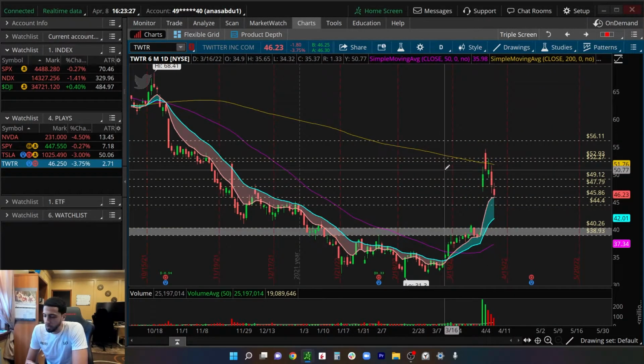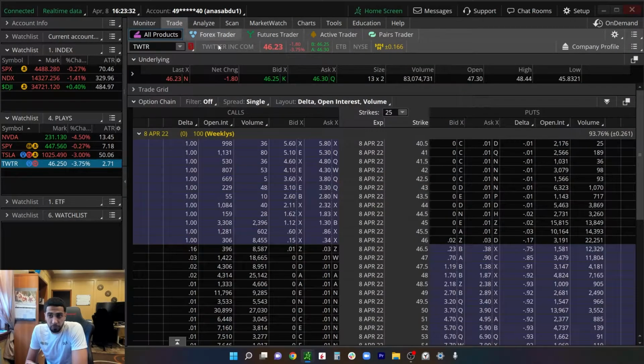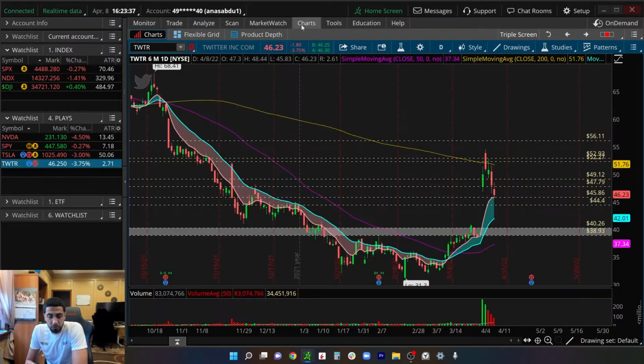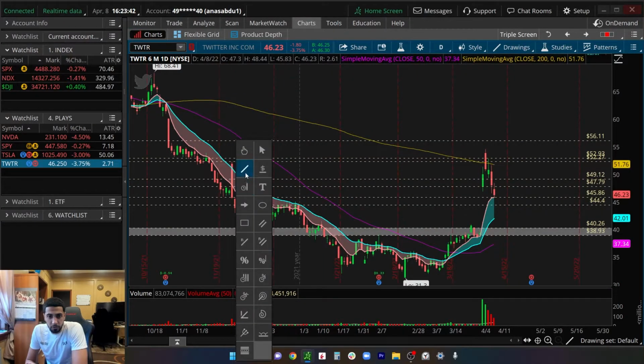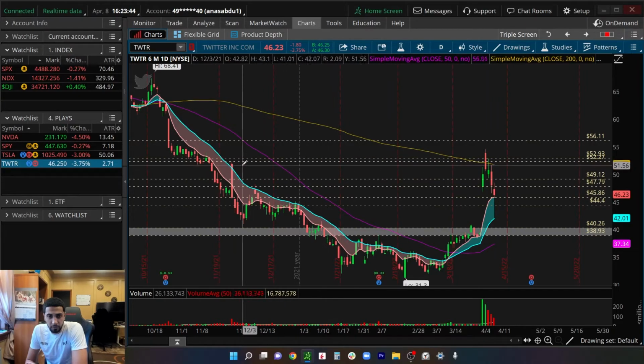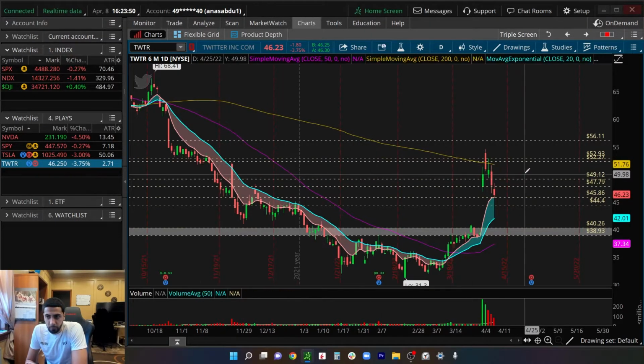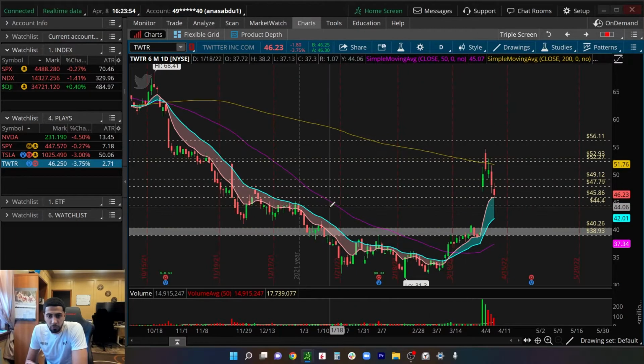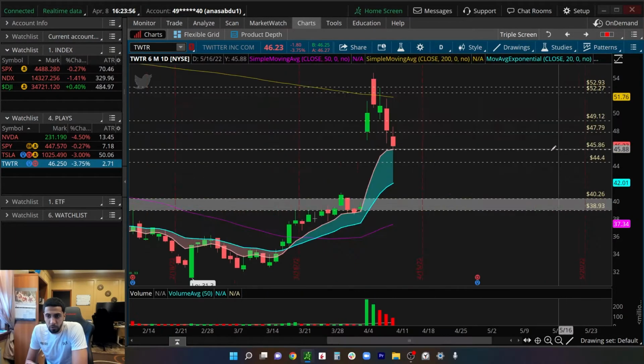So it's crazy volatile, and the option chain would definitely reflect that, 93%. But that should cool down. It's interesting that this sell-off happened at the same level as this red candle right here. It dropped 11% off of 52. Sellers really hit 52 hard again, so that's something to keep an eye on.